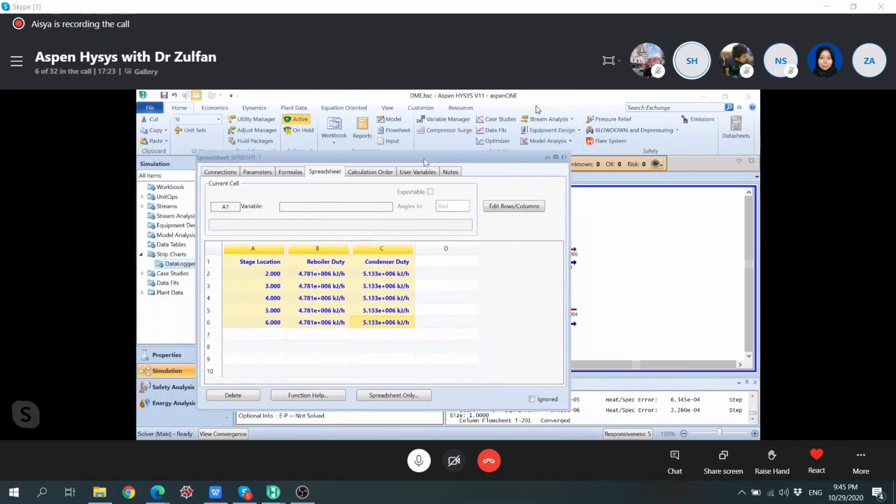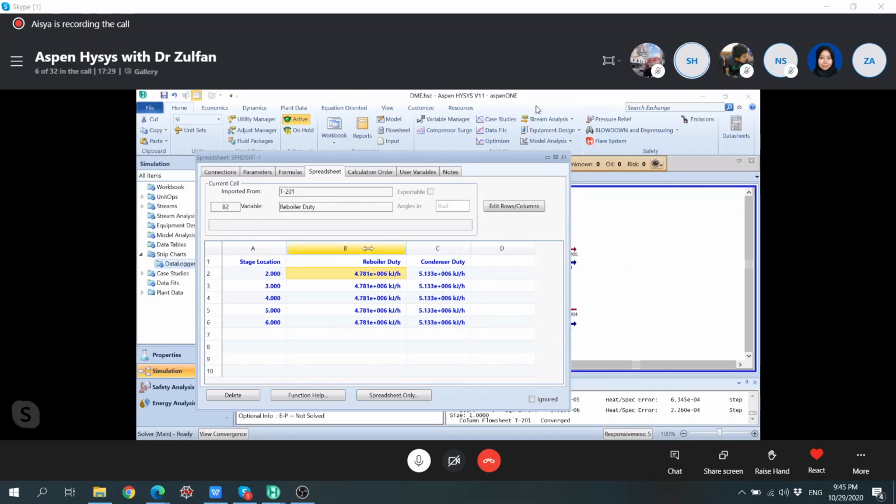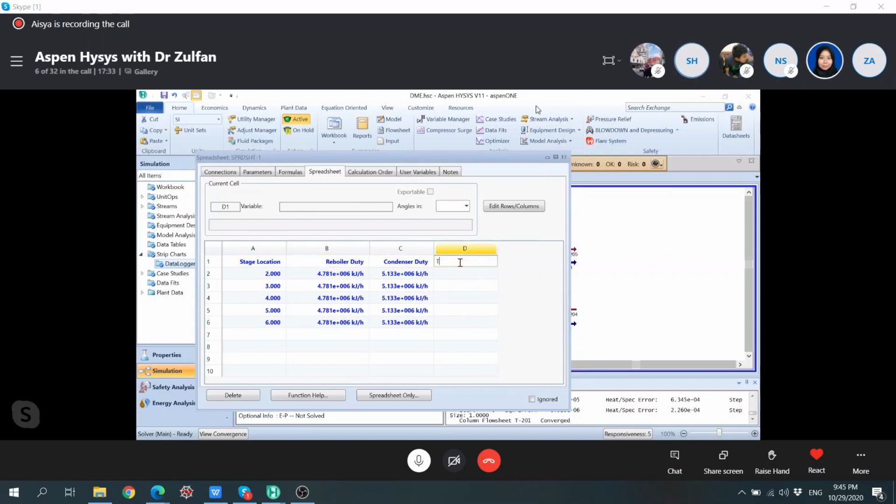And then you could also make, in column D, for example, a total duty. In column D, there's no difference in these two numbers, because there's not much difference. You have to write it.